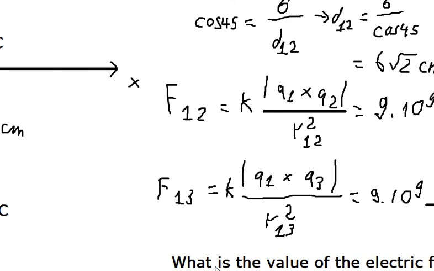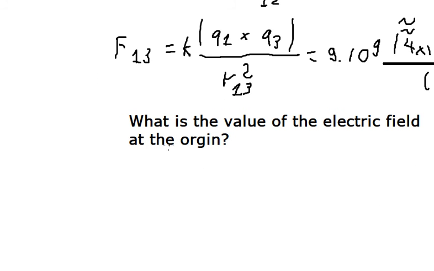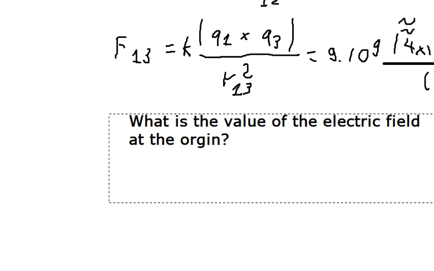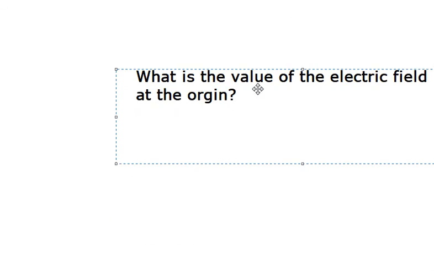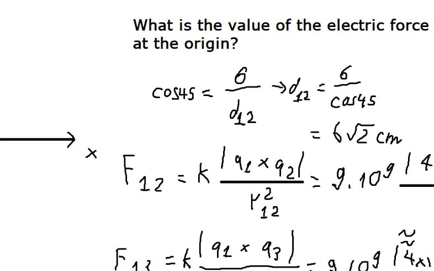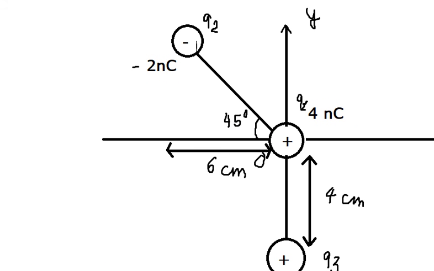Now, after we got F12 and F13, we need to find the force applied to origin in here. So we look carefully at this one. This is positive and positive, so this is repelled. This one goes in here.